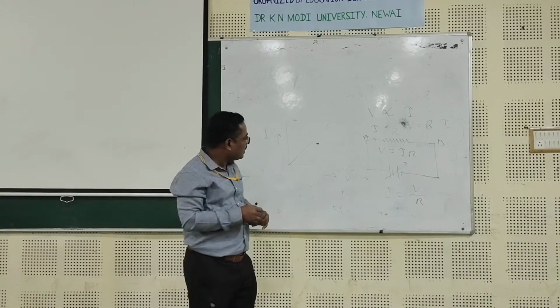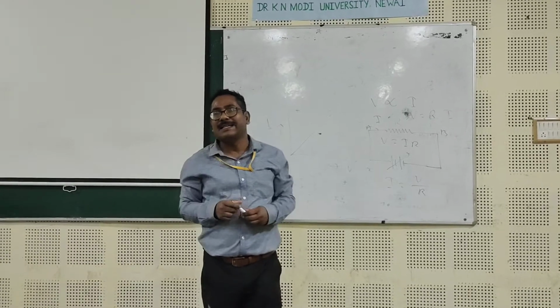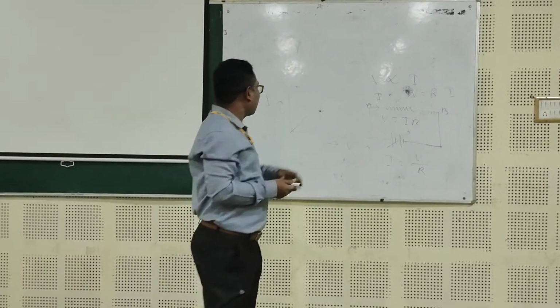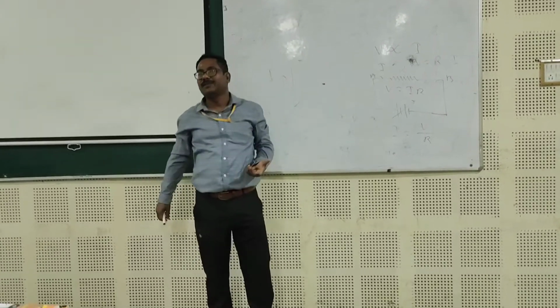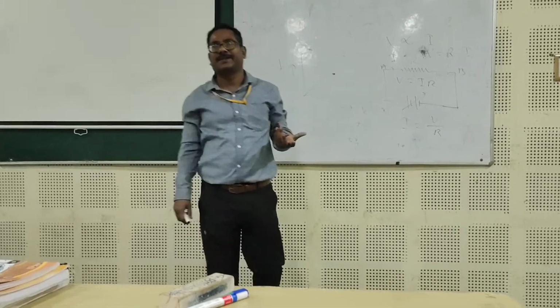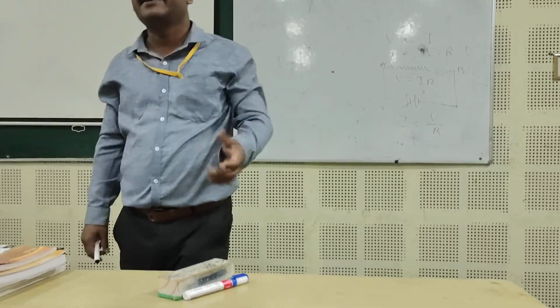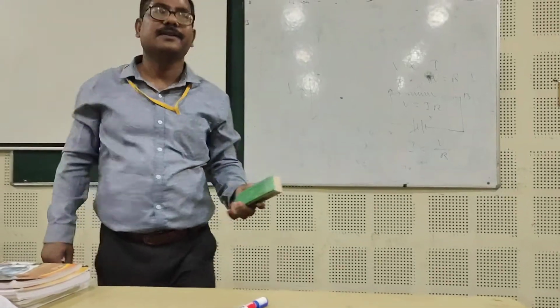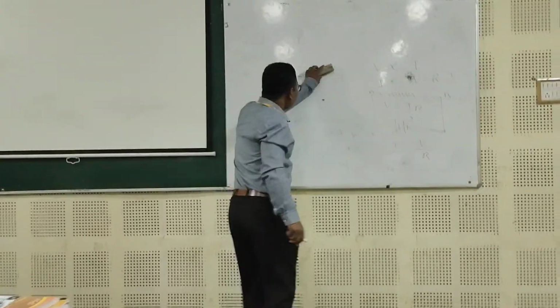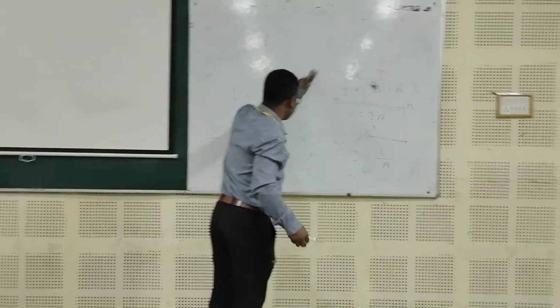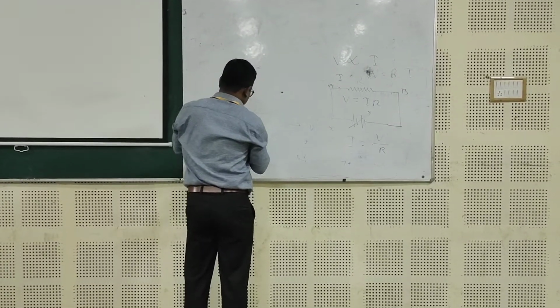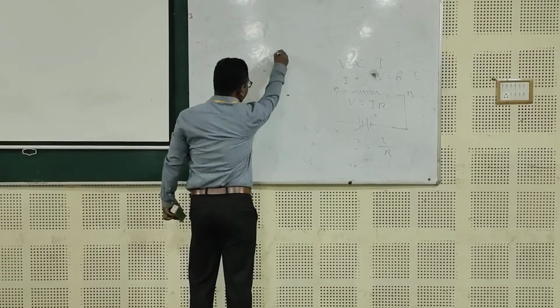But in case of a diode, the IV characteristic will be non-linear. It will be a curve, not a straight line. Do you follow that? You know the forward characteristics of a diode; we have already explained it. It will be like this.